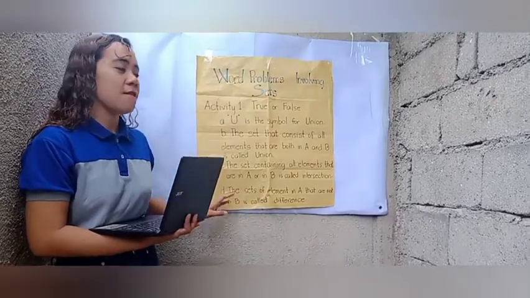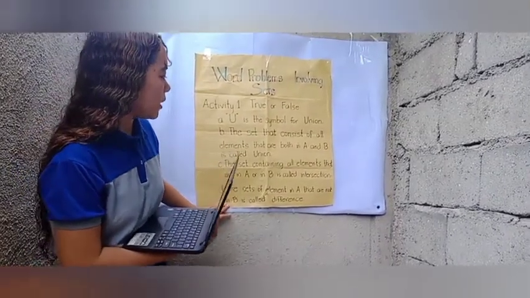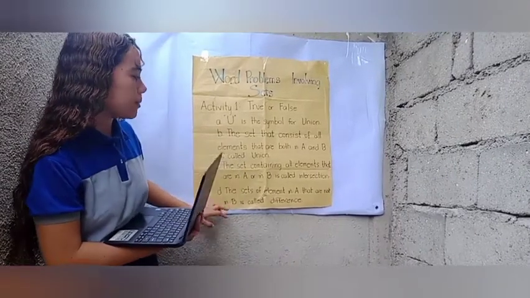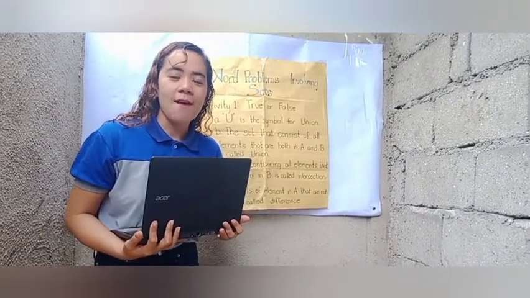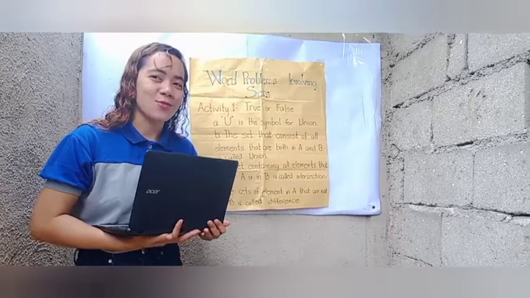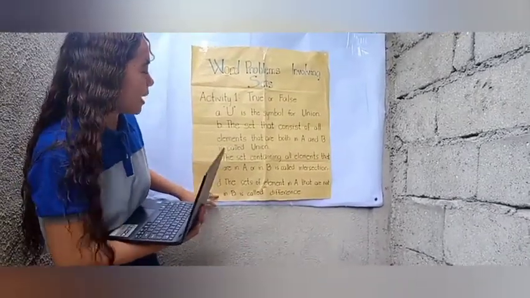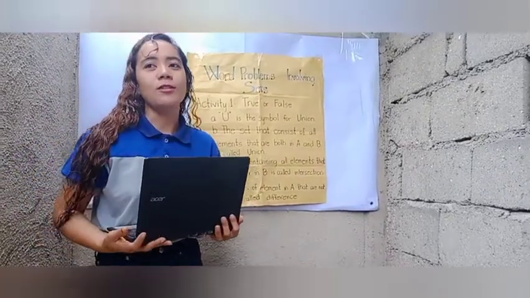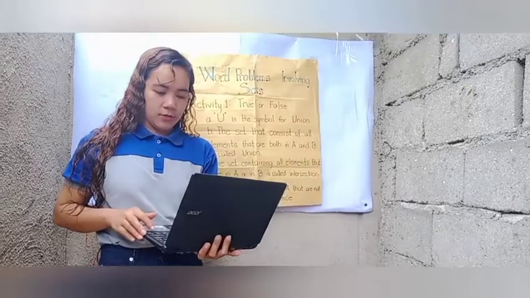That is false. Letter C is false. The set containing elements in A that are not in B is called difference. True or false? True, yes. The set of elements in A that are not in B is called difference. Very good.